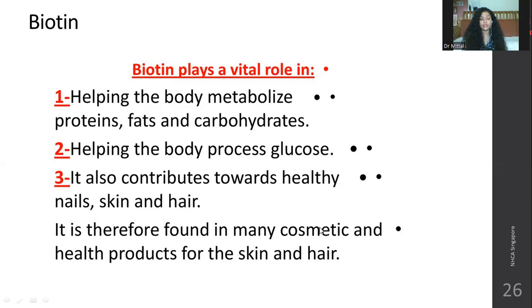Definitely biotin is associated. If you do research on 100 people who suffer from hair loss, you may find the majority of them are deficient in biotin, but you will also find data of other deficiencies.